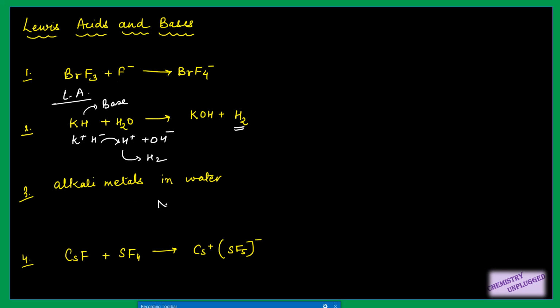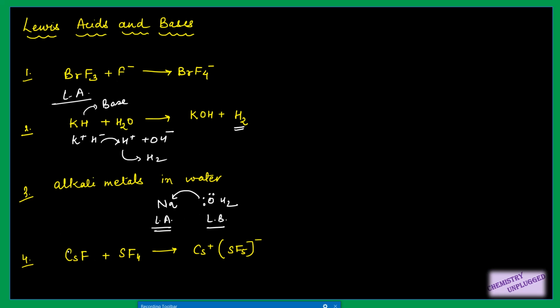Then we can see an alkali metal in water. When the alkali metal is coordinated with water, the lone pair of electrons present on the oxygen of water will be donated to the alkali metal. So the alkali metal acts as a Lewis acid in this case, and water acts as a Lewis base.